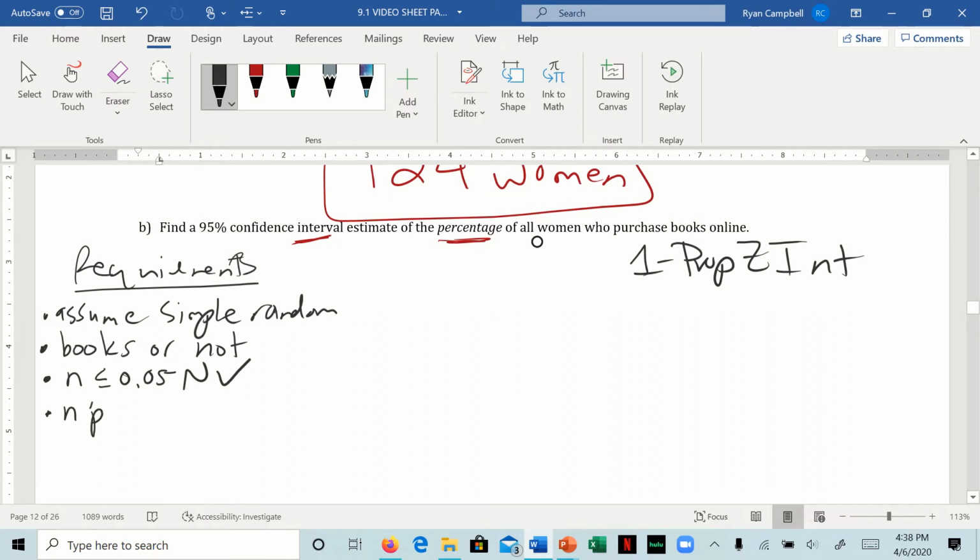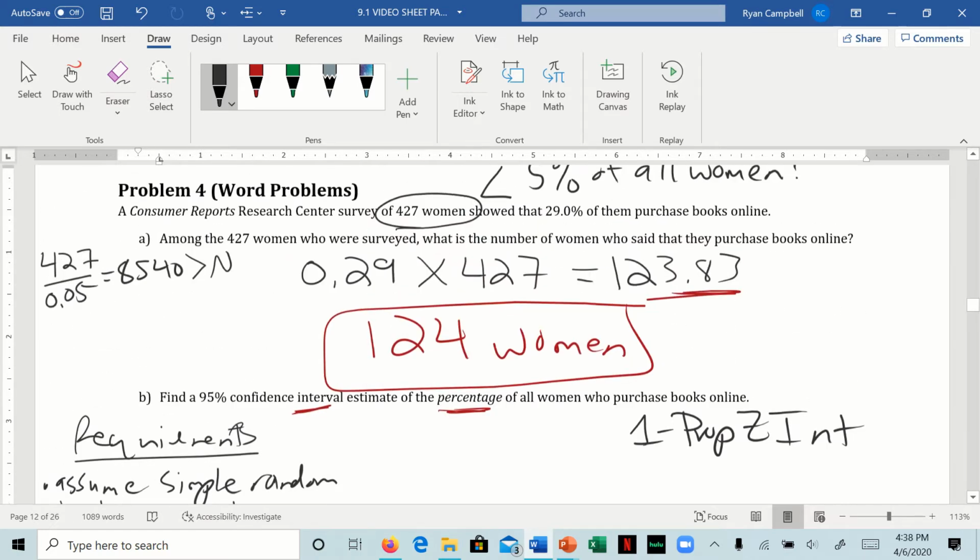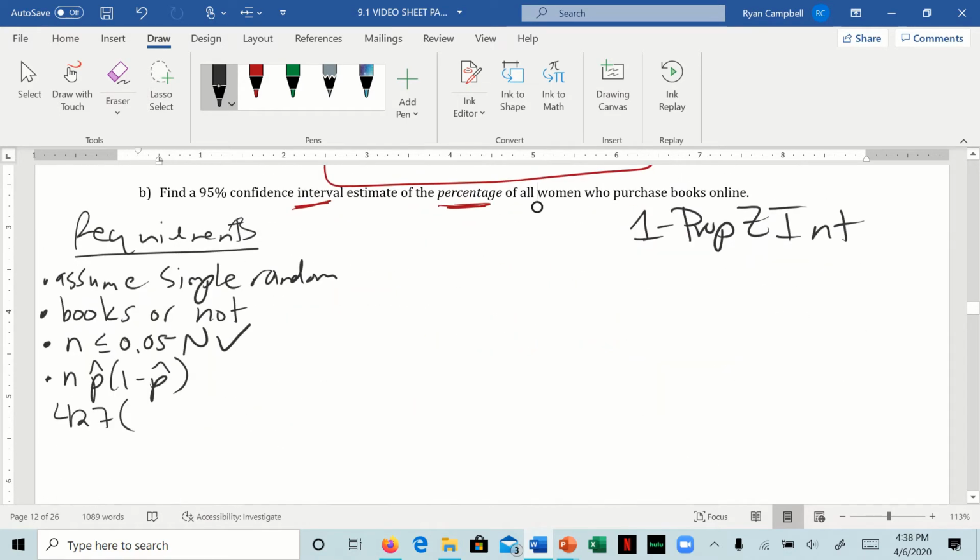Lastly, we need to check our formula. So n, we said, was 427. P hat is 29%, so 0.29. And then 1 minus 0.29. We type all that into the calculator, we end up with 87.92, which is definitely bigger than 10. All right, so all the requirements are met.